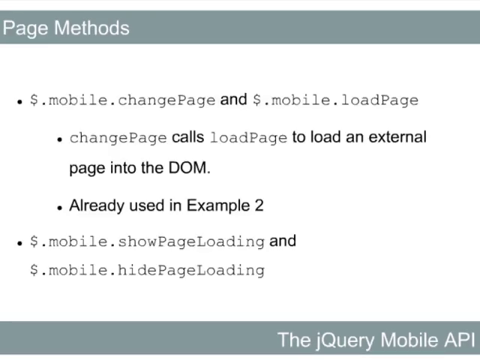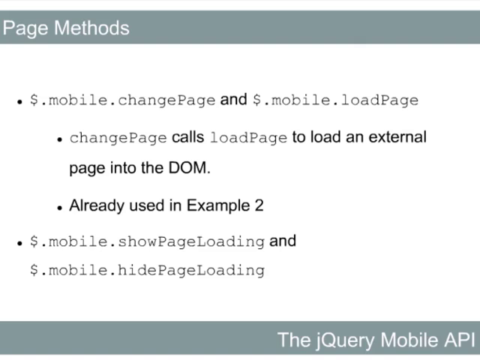So these are some page methods. I used the change page method in the previous example where we manually showed the dialog in the swipe event. Basically all this does is give you a way to programmatically change the page. You can feed into it all sorts of information about whether it's a dialog, what sort of transition you want, et cetera, et cetera.